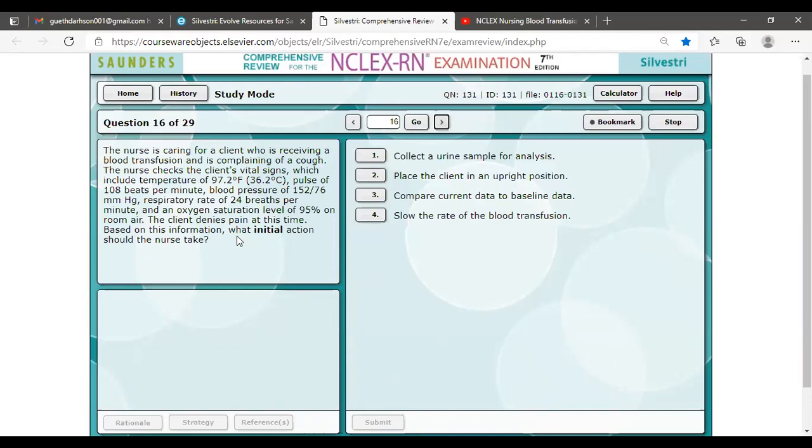Respiratory rate is 24 per minute, a little bit up. Oxygen saturation is almost normal. The client denies pain, so no chest pain, right? So what initial action should the nurse take? Collect the urine sample for analysis. It is not related to the urine sample in this question.